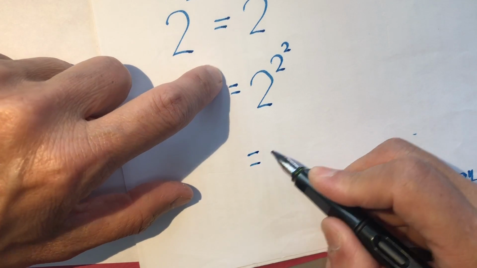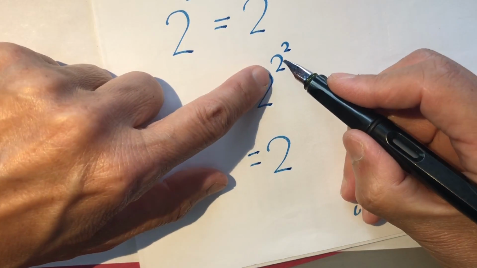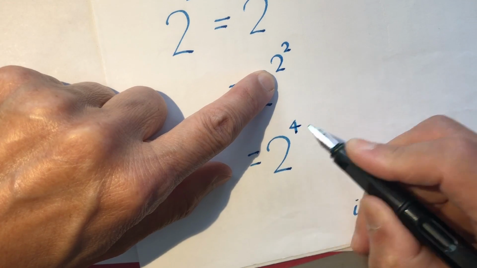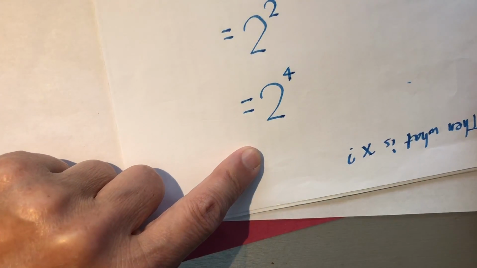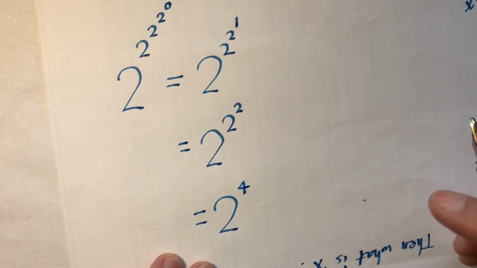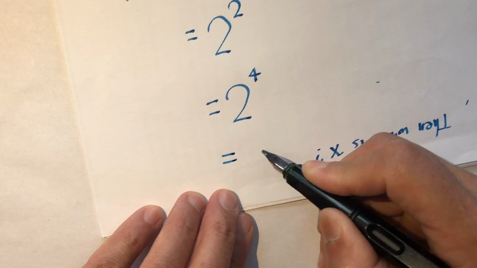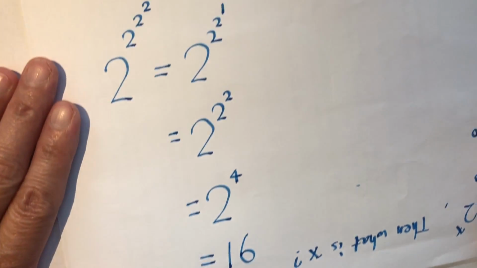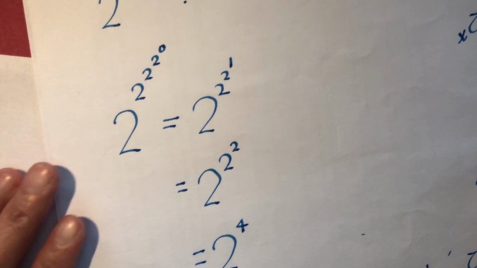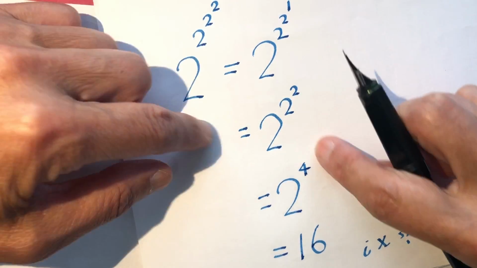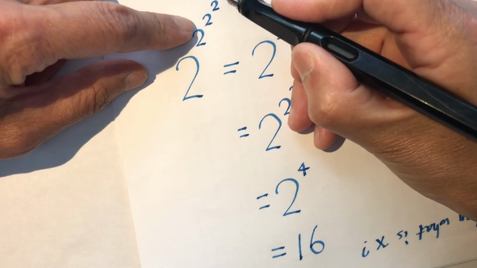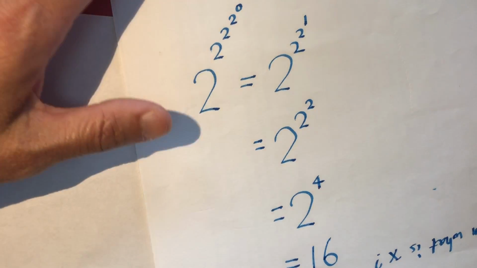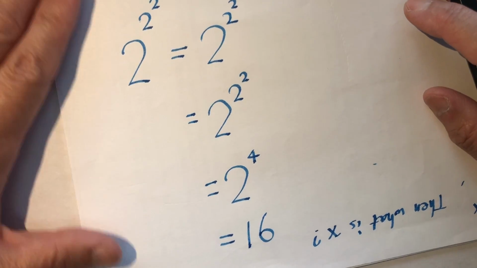Okay, 2 to the power of 2 to the power of 2 is 4. Okay, 2 to the power of 4 equals 16. Right? We made a long descending order. The same thing, if there is one more 2, we can figure it out, just use the same logic.